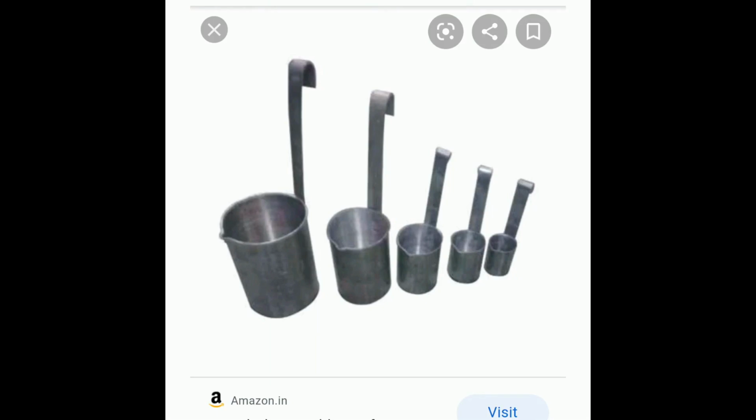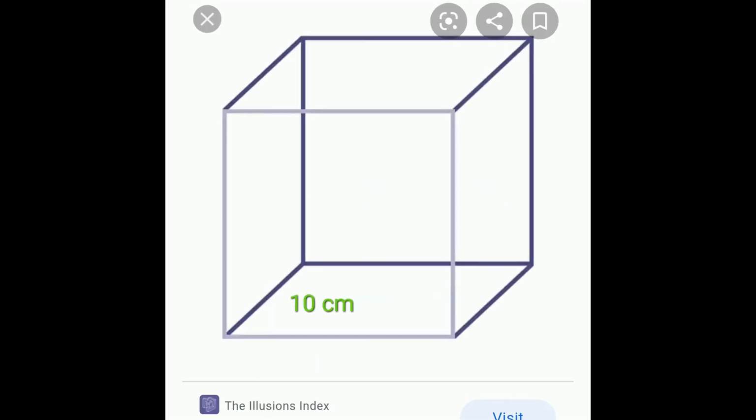How can we measure the volume of this cube? Its length into breadth into height. That is, length is 10 centimeters, breadth is 10 centimeters and height is also 10 centimeters. So 10 into 10 into 10 is 1000 cubic centimeters.